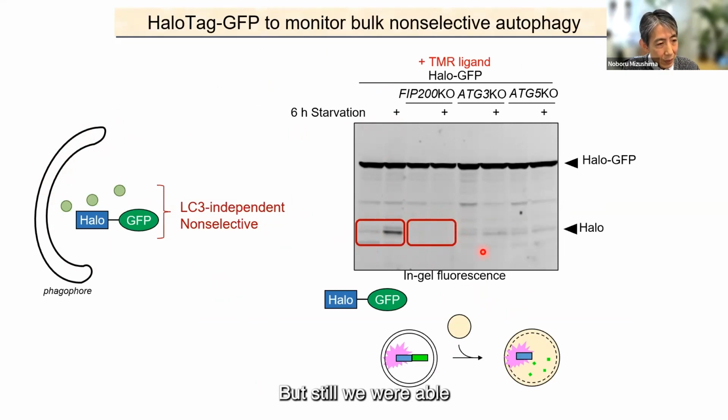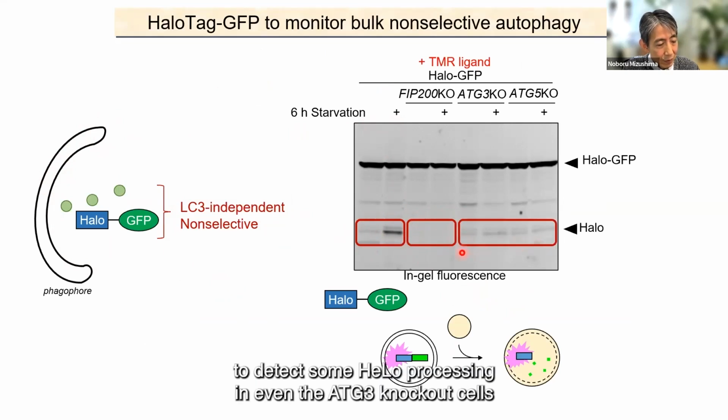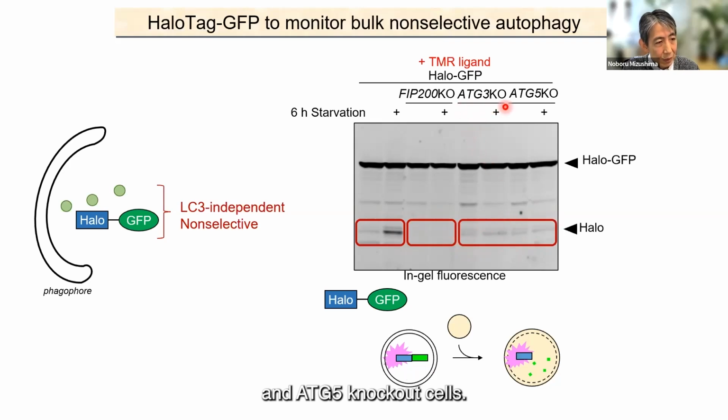But still, we were able to detect some Halo processing even in ATG3 knockout and ATG5 knockout cells, suggesting the leaky phenotype of these ATG conjugation-deficient cells, which has been reported by many recent papers.